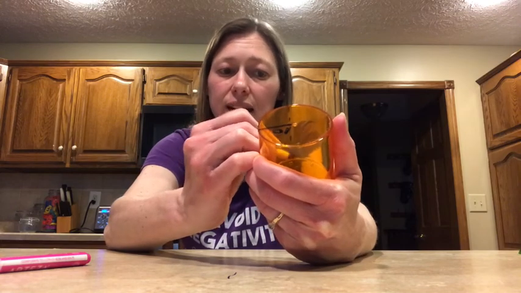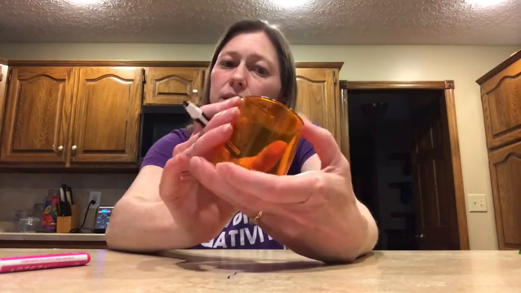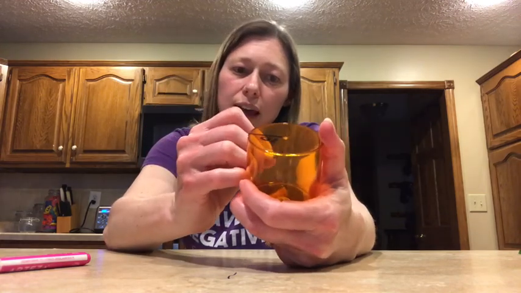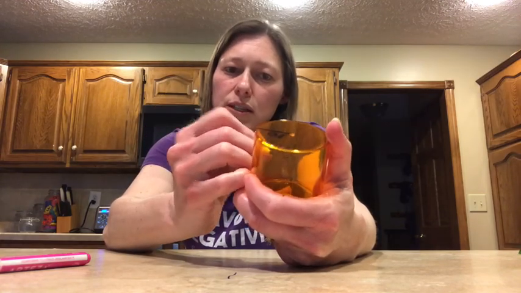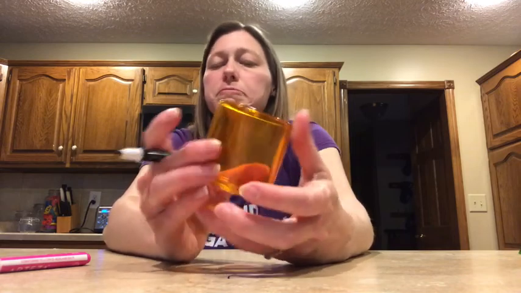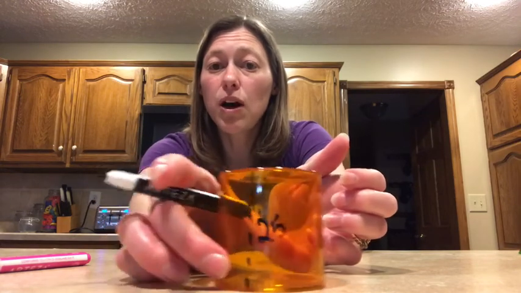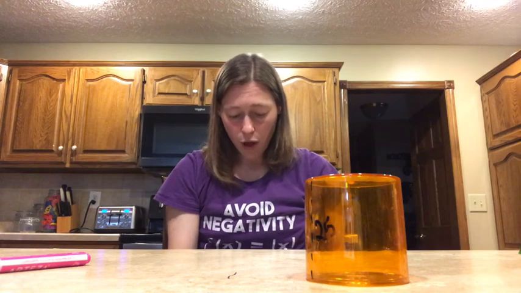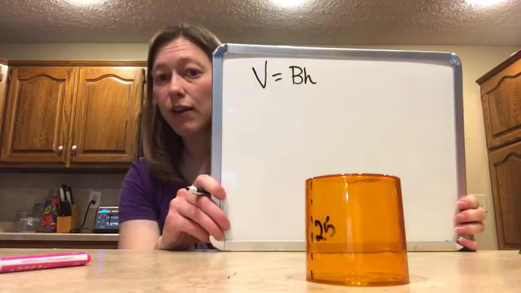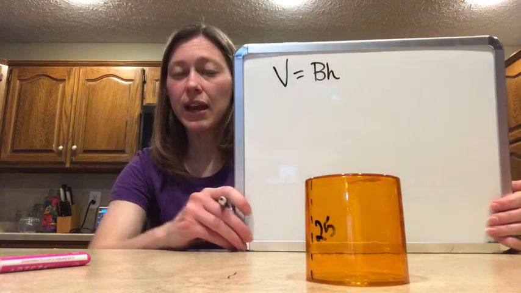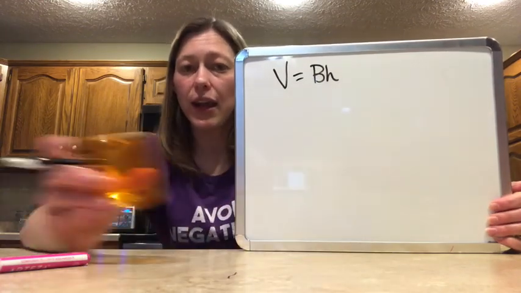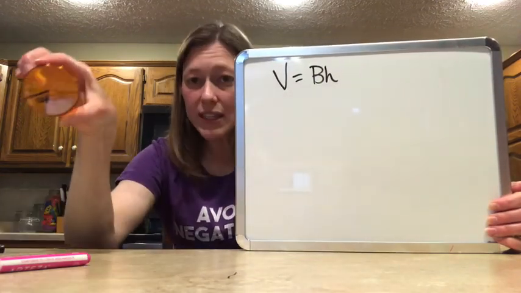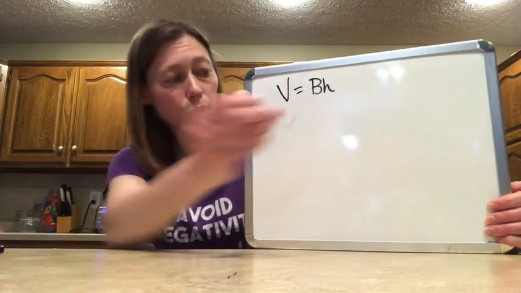Again, the height connects the two bases, and this height is 25 millimeters. All right, so to find the volume of a cylinder, we're going to use the same thing. The volume is equal to the area of the base times the height. In this case, the area of the base is a circle, so we need to use the circle formula.